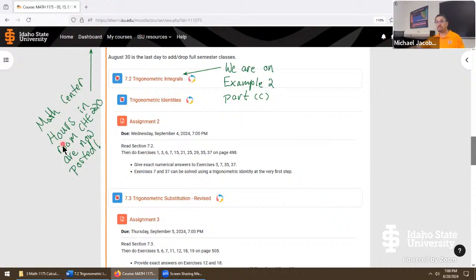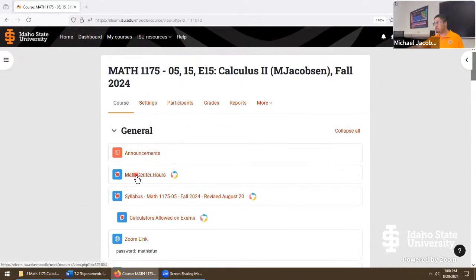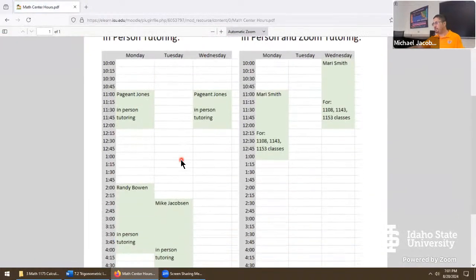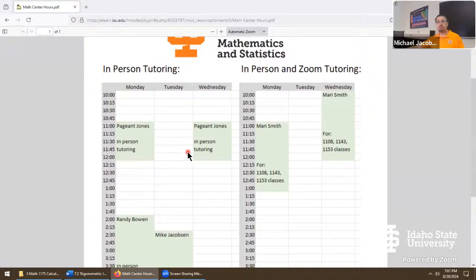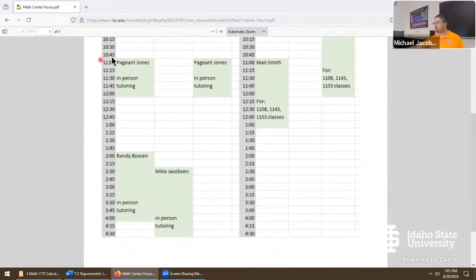But the first thing I want to point out is we now have some definite hours for the Math Center on this campus. If you're on the Idaho Falls campus, I have the Math Center hours posted here on the Moodle website, and also on the door, room 220. If you're on campus Monday, Tuesday, Wednesday, you can get help from either one of these individuals.